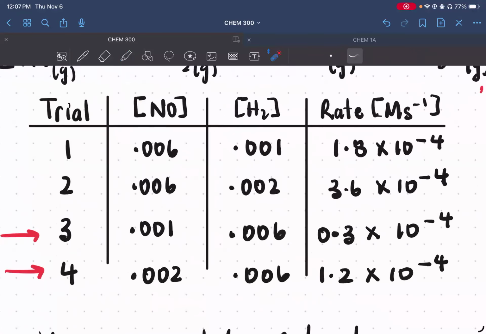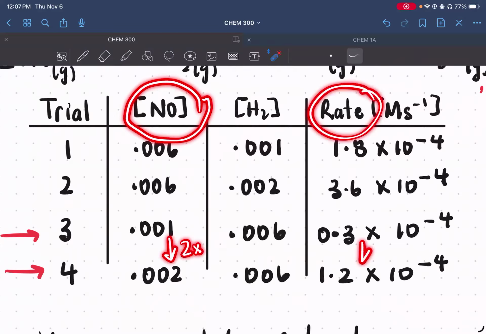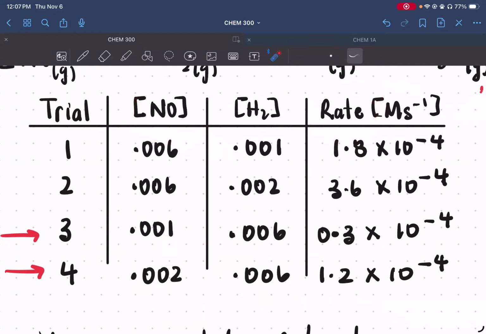Well, you would literally say, when the NO doubles, the rate quadruples. This is a 1-to-2 ratio. This is a second order reaction with respect to NO.